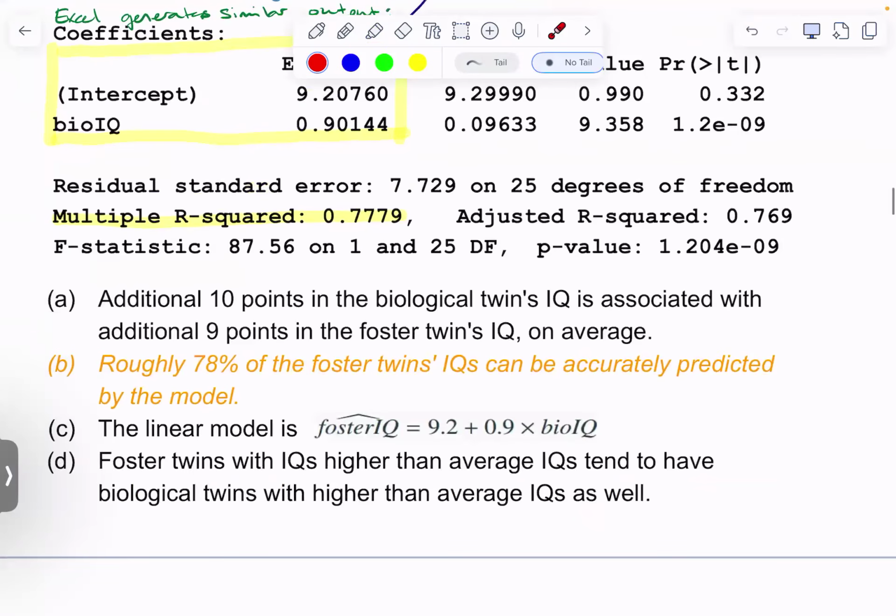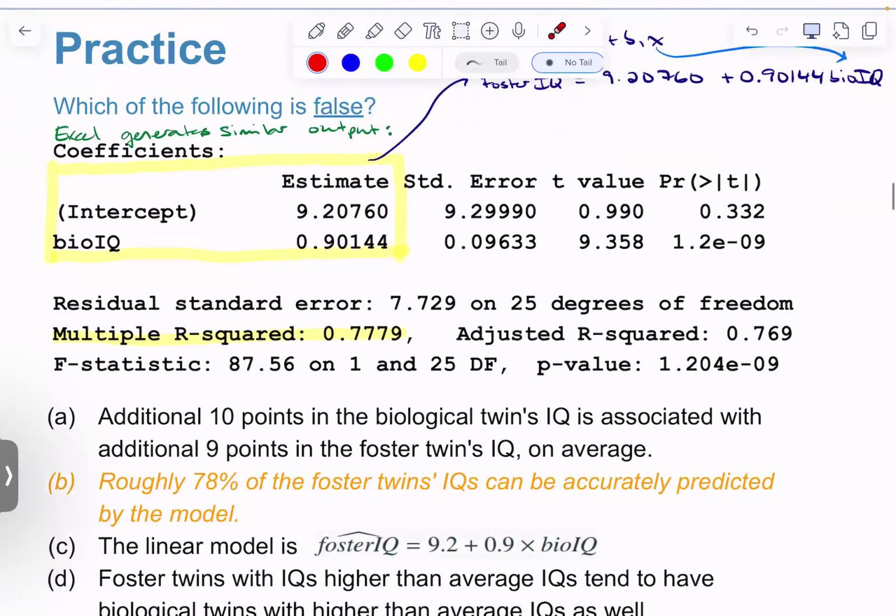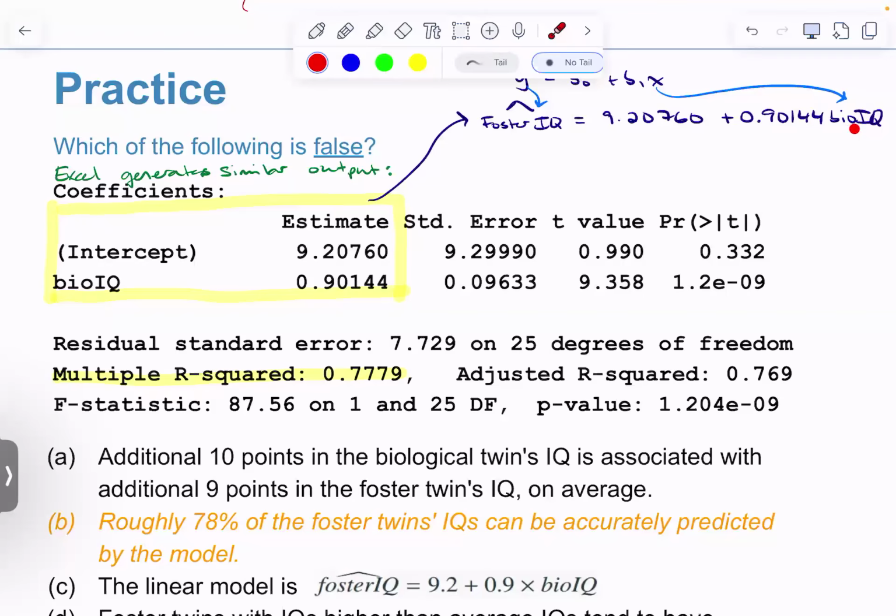Which of the following is false? An additional 10 points in the bio IQ is associated with an additional 9 points in the Foster twins IQ. And so if I multiply by 10 here, then I get 9, which is added to the y-intercept.